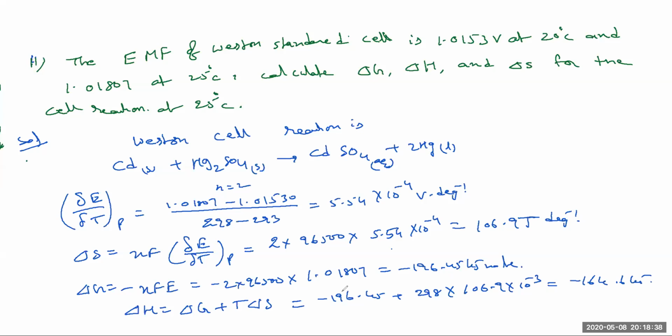Primary cells means once the charge is finished, you throw it away, use and throw. But secondary batteries are the lead storage battery, fuel cells, cadmium cell. This is only the Weston button cell. These cells are used in lead storage batteries in big vehicles or inverters.